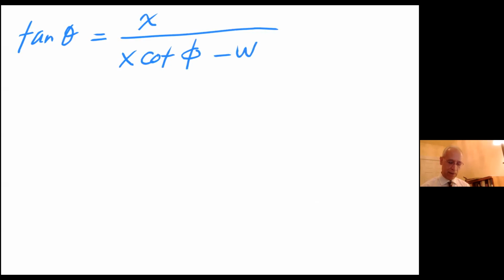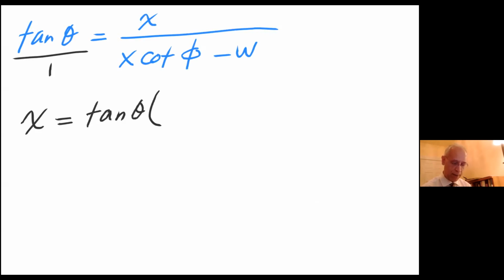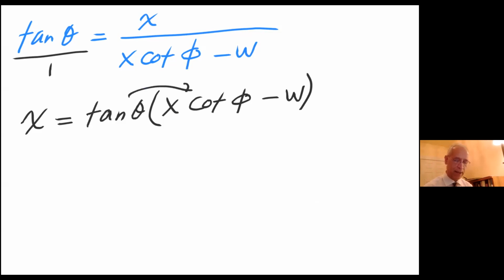So now I'm going to have to solve for x. Remember, this is the same as tangent of theta over 1. Using cross multiplication or multiplying both sides by the LCD gives me x equals tangent of theta times x cotangent of phi minus w. So I'm going to distribute the tangent of theta.